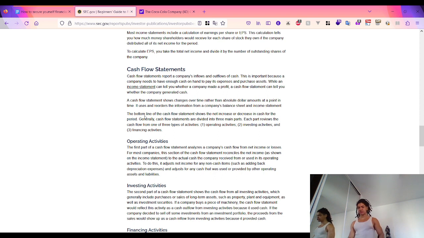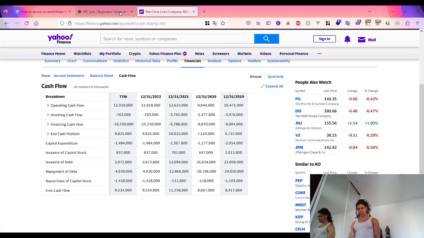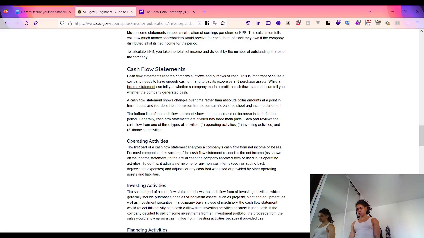And the cash flow statement shows change over time rather than the absolute dollar amount at a point in time.